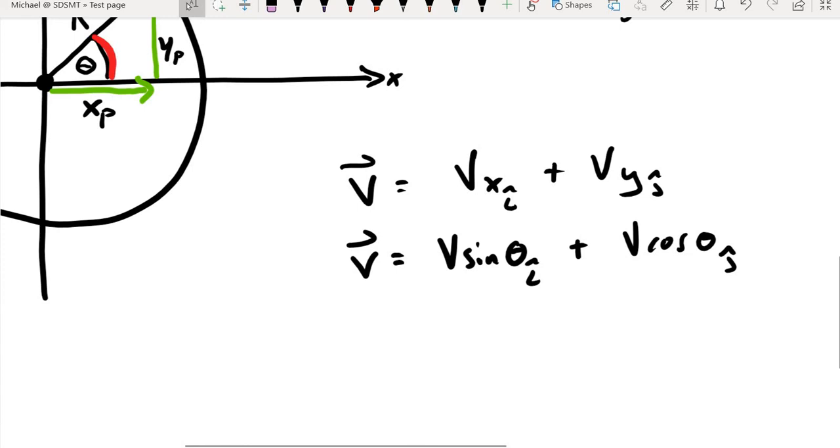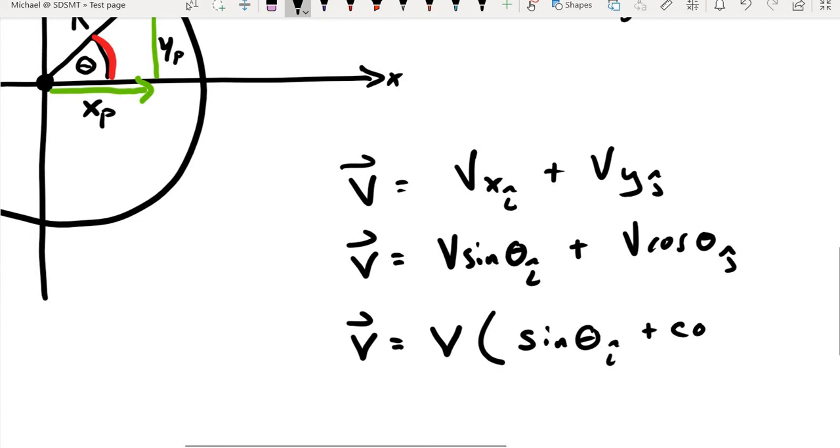And the next thing that we notice about this, or that we should notice, is that each term has the magnitude of the velocity attached to it. And so that's something that could be factored out, which we'll go ahead and do right now. So all I'm doing is factoring out the magnitude of the velocity. We still have our sine-cosine relationship in there.